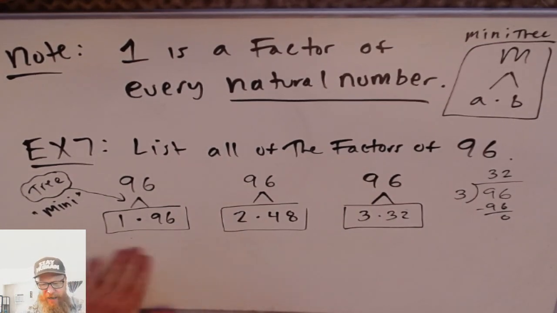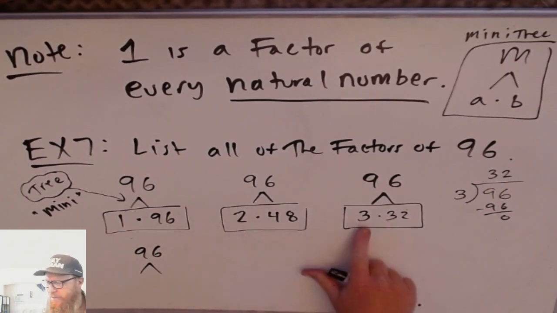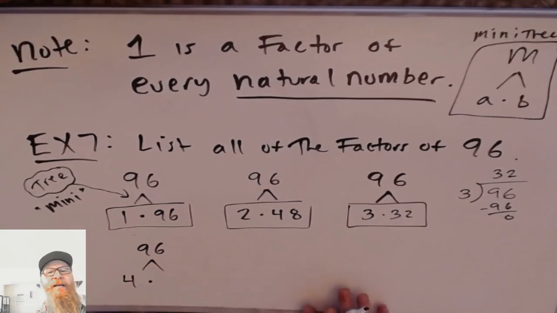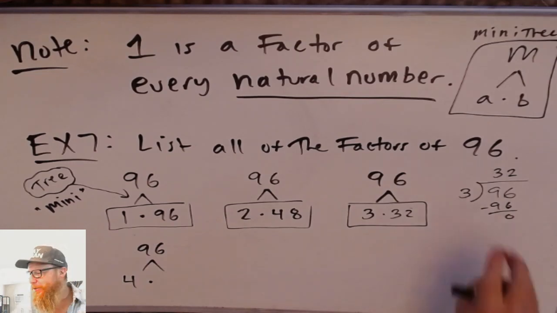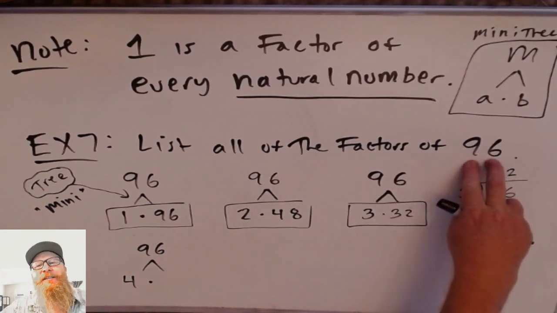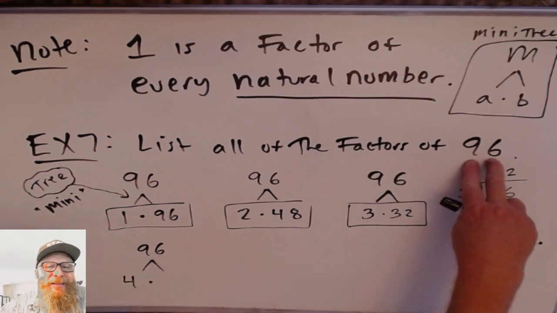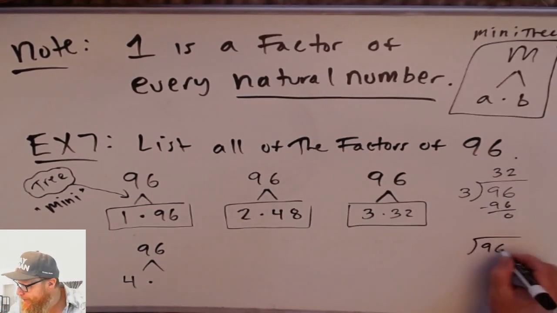All right, let's keep going. 2, 3, what's next? 4? Let's see if it's divisible by 4. Now again, there was a trick for 4. The trick was to look at the last 2 digits, but this number is already 2 digits. That's the reason why the trick really isn't that great of a trick. So let's just go ahead and do it.